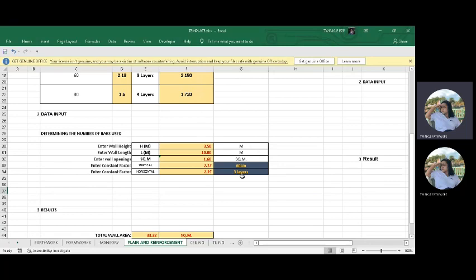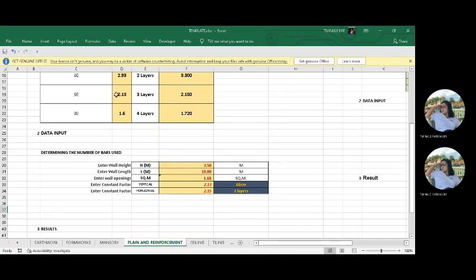We input our data in here. So we enter the wall height, the wall length, and the wall opening, and enter the constant factor for the vertical, which is 2.13, and the horizontal, which is 2.150.